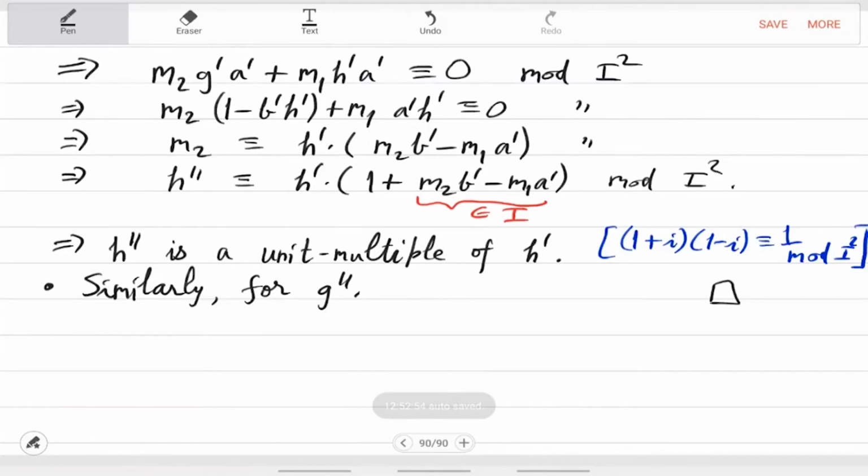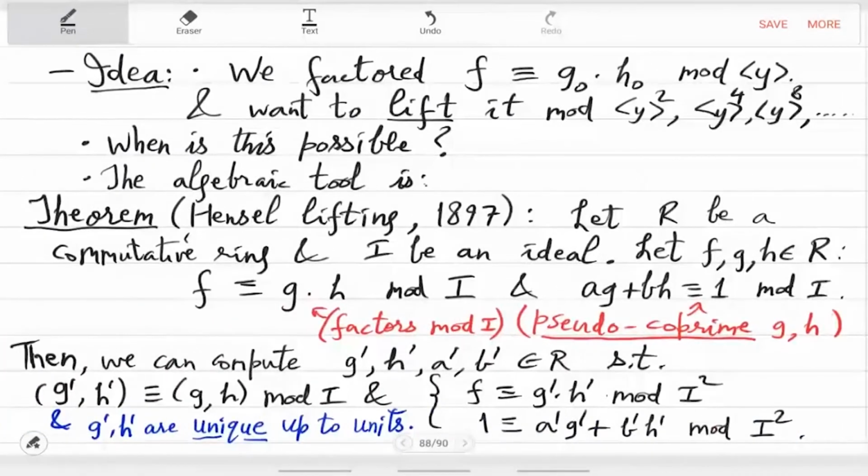Well, okay, there was one thing: is this assumption needed, the assumption of co-primality? This extra condition that we needed, AG plus BH equal to 1 mod I. What if GH is a non-co-prime factorization? Will it lift mod I square?